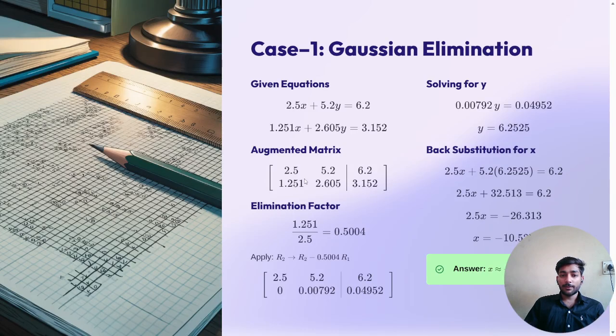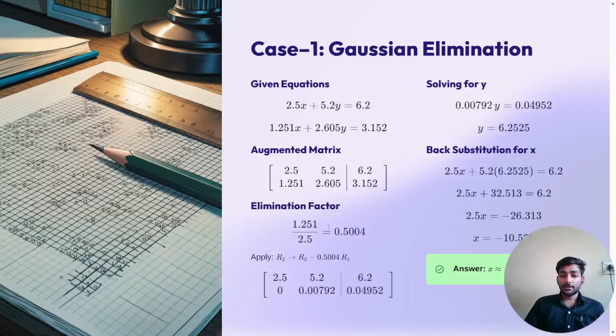We will make the augmented matrix of this equation. Like this, as we told earlier, we make the augmented matrix. This is the augmented matrix, and we will find the eliminating factor. We write this in the numerator and this in the denominator.